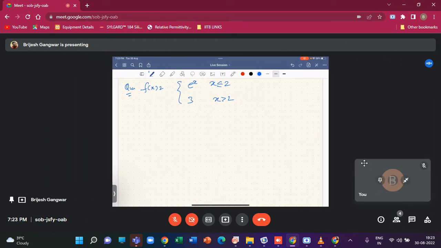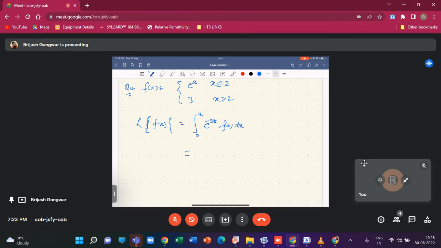So again we will start from the definition. Laplace transform of f(x) equals the integral from 0 to infinity of e to the power minus sx times f(x) dx.